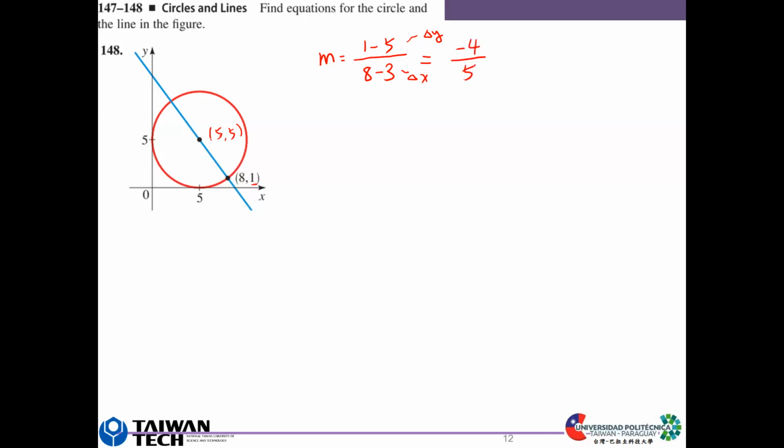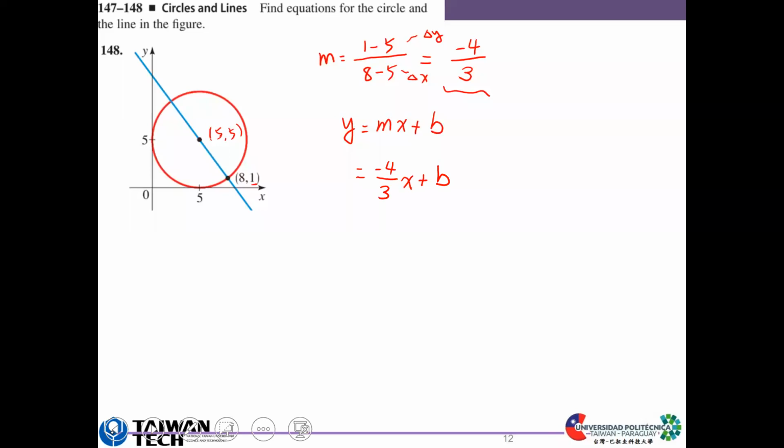Is that right? This is 8 minus 5, which is 3. So the slope is minus 4 over 3. It's a minus, so it's decreasing. So we can write the line equation y equals mx plus b, which is minus 4 over 3 x plus b. Then we plug in 5, 5, because 5, 5 and 8, 1 are both on this line.